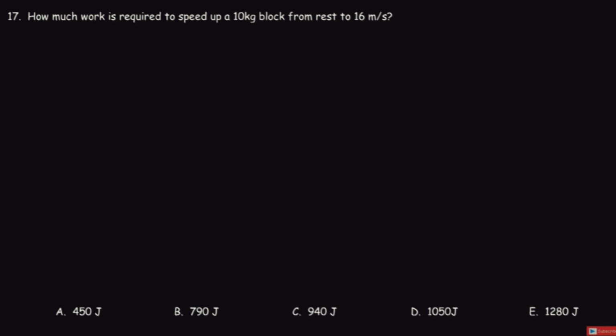Number 17. How much work is required to speed up a 10 kilogram block from rest to 16 meters per second? So how can we find the answer for this problem? Well, there are different ways you can do it.